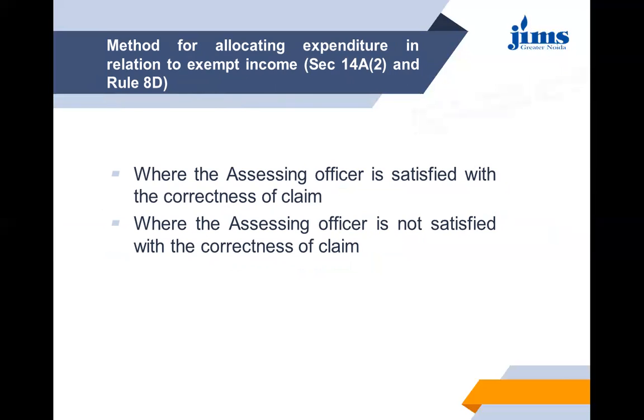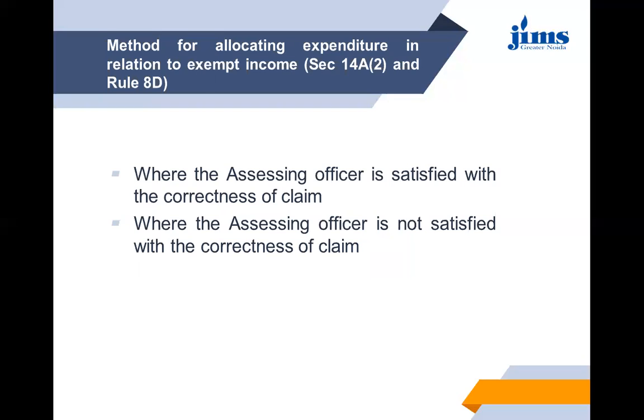When the assessing officer, having regard to the accounts of the assessee, is satisfied with the correctness of the claim of expenditure, or is satisfied that no expenditure has been incurred for such exempt income, no further action is required by the assessing officer in this regard. And secondly, when the assessing officer is not satisfied with the correctness of the claim, then the assessing officer shall determine the amount of expenditure in relation to such income in accordance with a few rules.